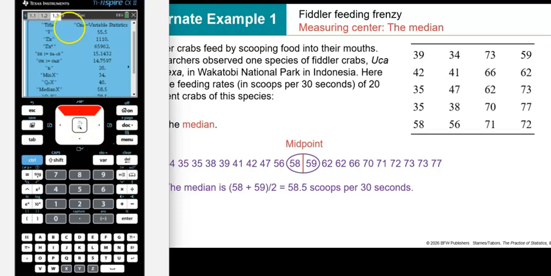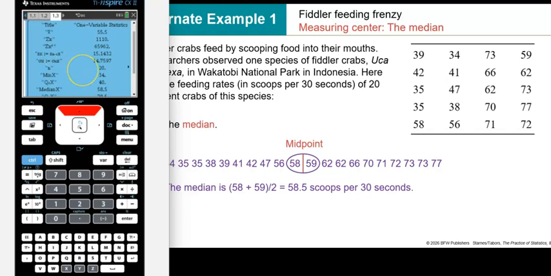The capital sigma is the sum. The sum of all the x values is 1,110. The sum of the squared values, something we use for regression, is next. Sx is the sample standard deviation, 15 point something, and the population standard deviation is 14.7.